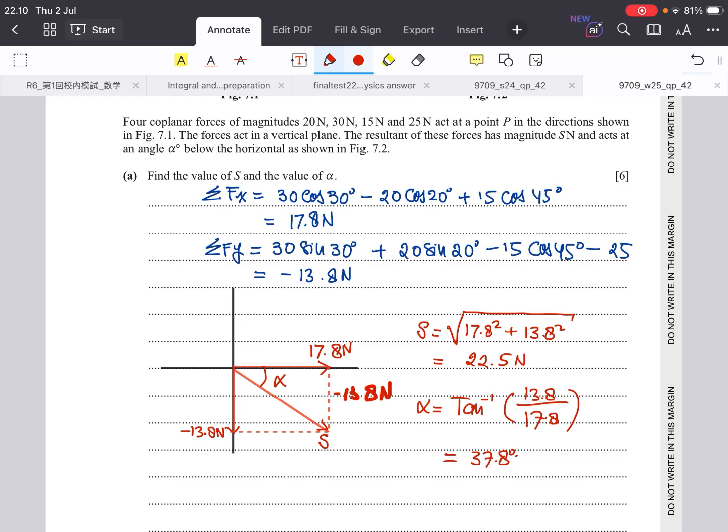The value of alpha is 37.8 degrees below the positive x-axis. We can also add the information that this angle is below the positive x-axis, since the y component is negative. That's the answer for part A.